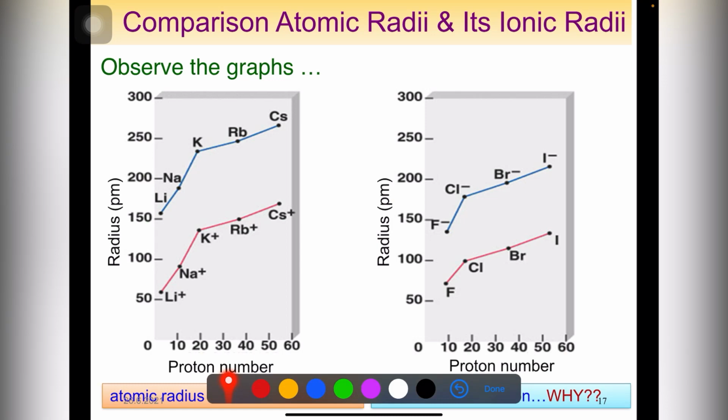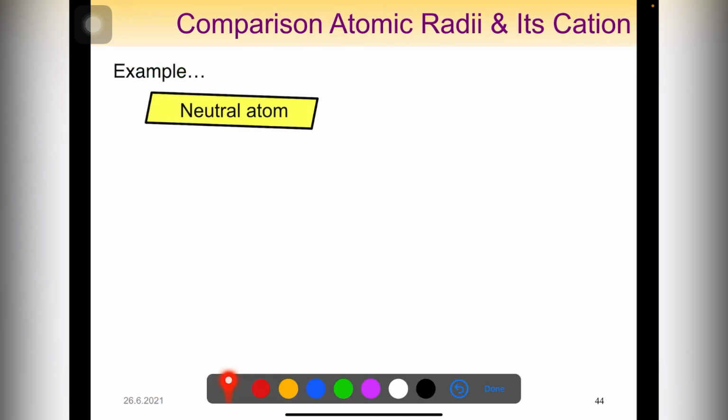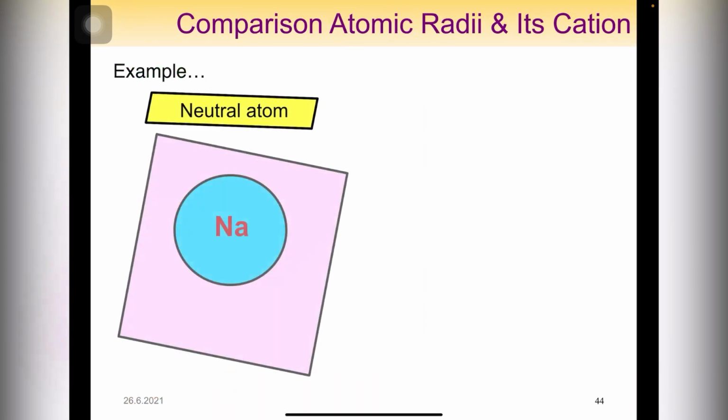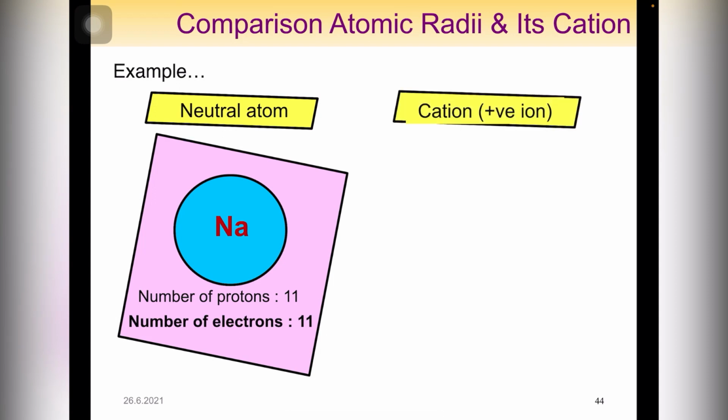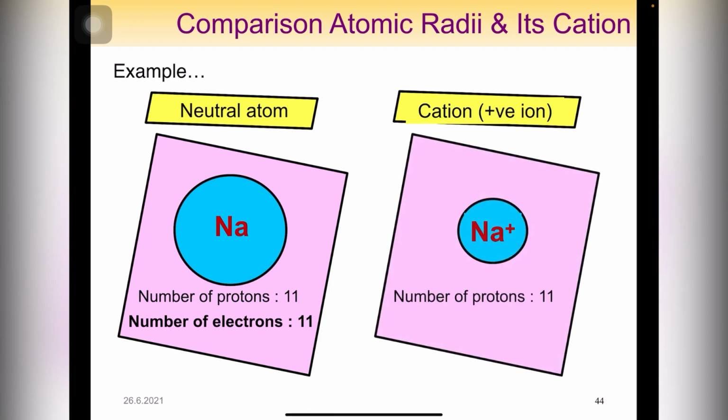Okay, let's see. For the first one, we see sodium for group 1. This is a sodium neutral atom. It has 11 protons and 11 electrons as a neutral atom. But when it becomes a positive ion, it will release, or remove, 1 electron. The number of protons is still 11, but the number of electrons becomes 10 because it removed 1 electron.